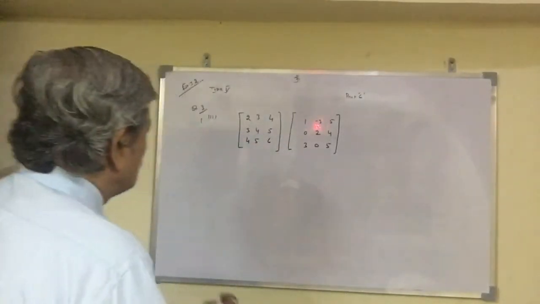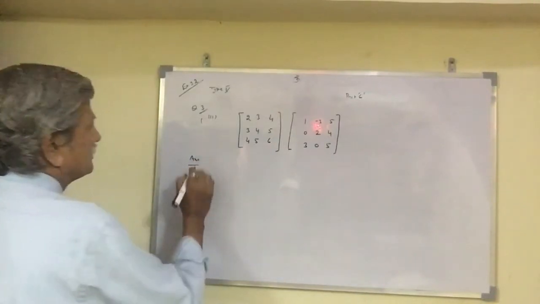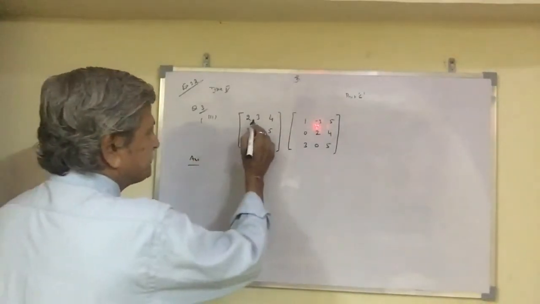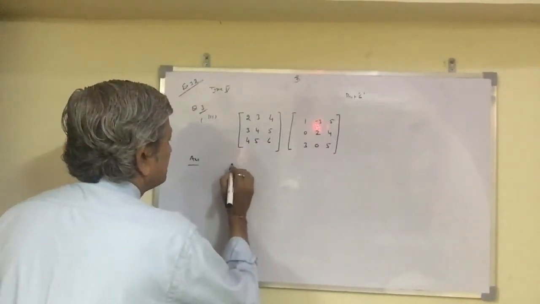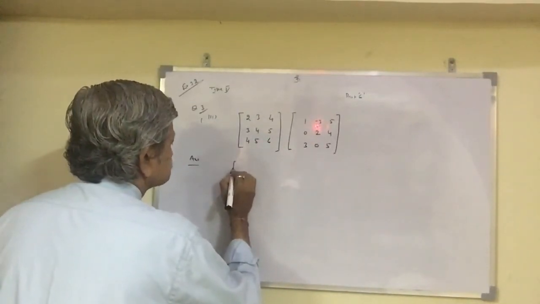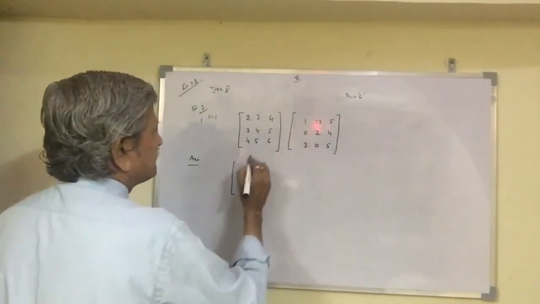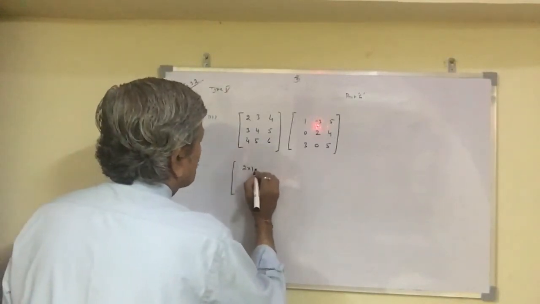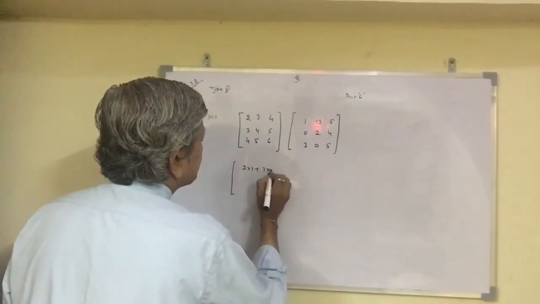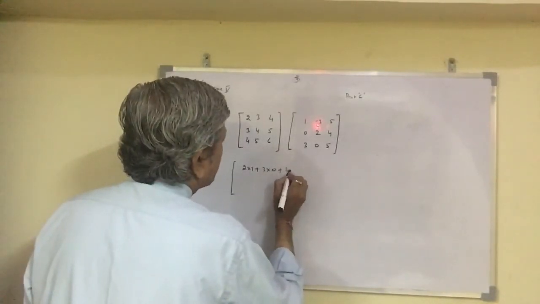As I have already told you how to multiply this matrix, you first choose the first row and first column. So your first element will be first row with first column: 2 into 1 plus 3 into 0 plus 4 into 3.